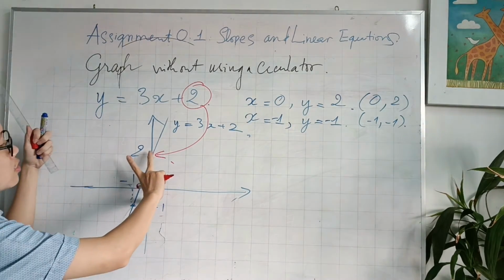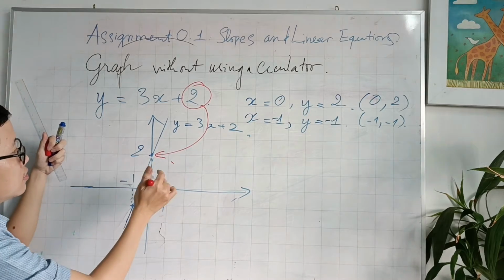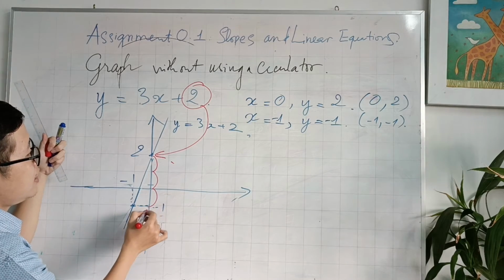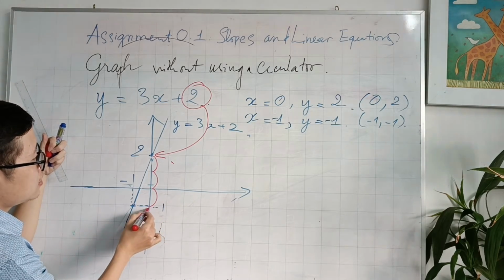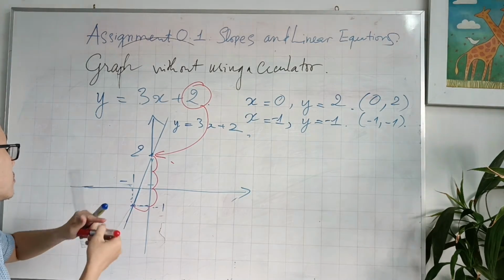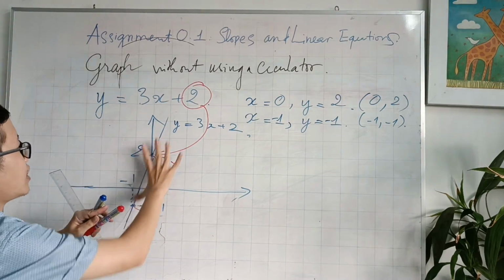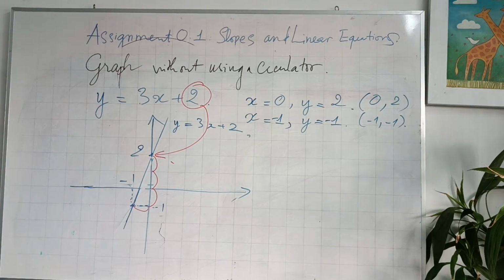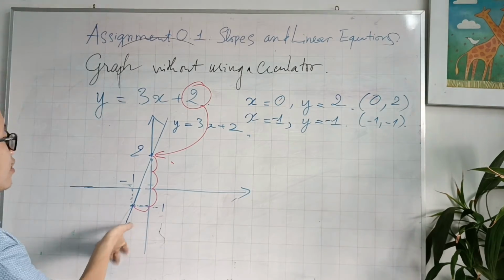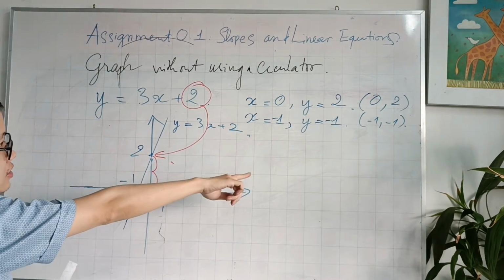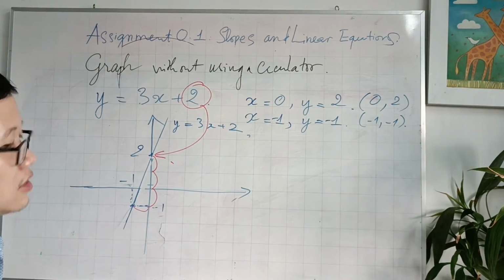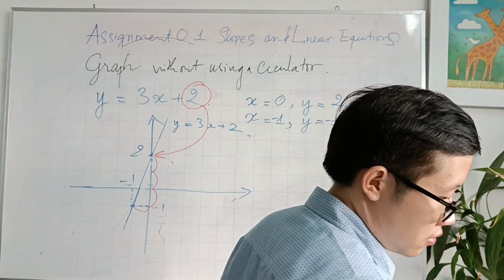So rise is 3, 1, 2, 3, and run is 1. Here, and you sketch. Of course, the slope has a positive value, so the line goes upward to the right. This is the first question. Question B.